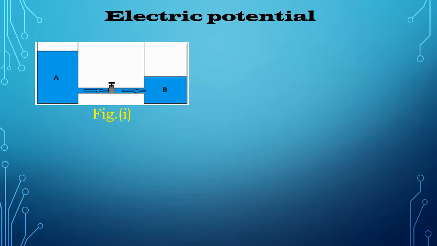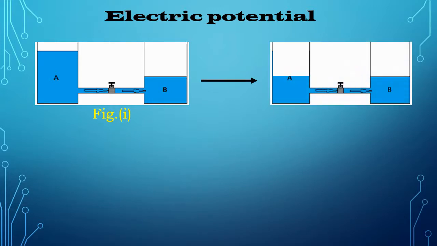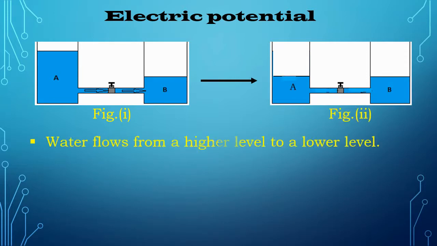And when does the water stop flowing? The water flow stops when the level of water in the two tanks becomes equal, as shown in figure 2.